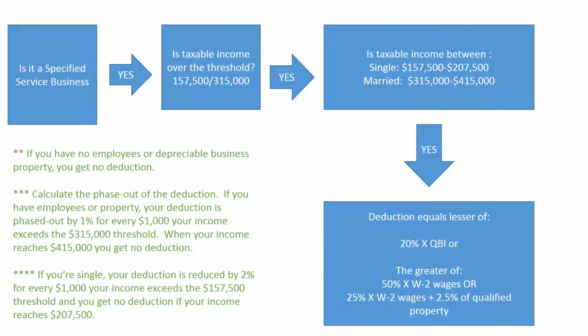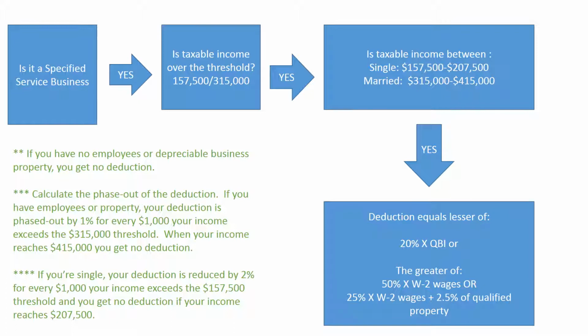If the answer is yes, then the deduction equals the lesser of 20% of your QBI or the greater of 50% of your W-2 wages or 25% of W-2 wages plus 2.5% of qualified property. If you have no employees or depreciable business property, you get no deduction.